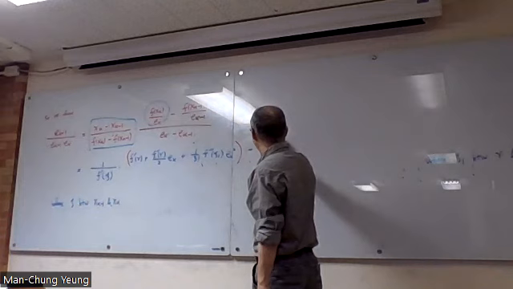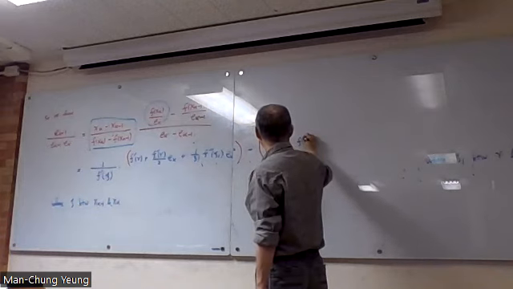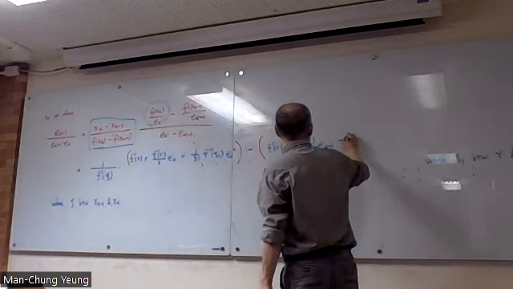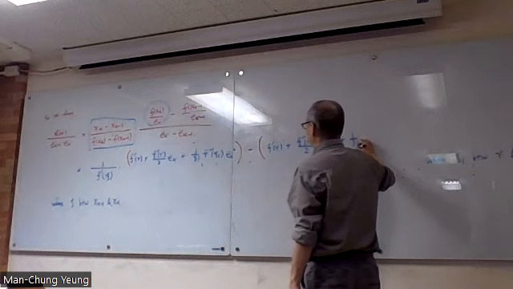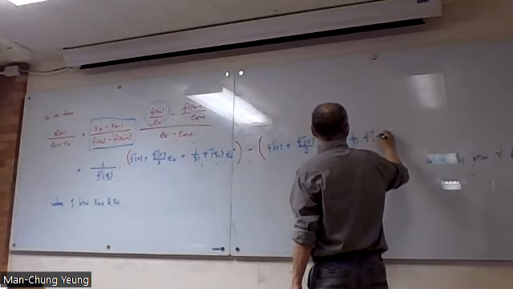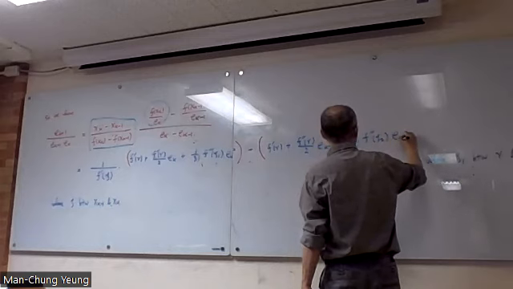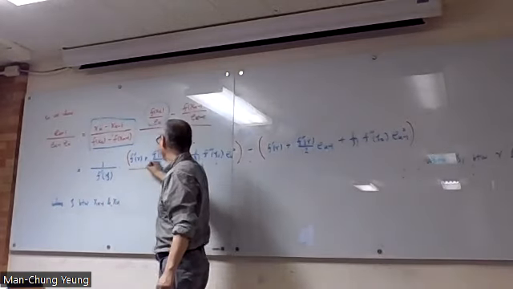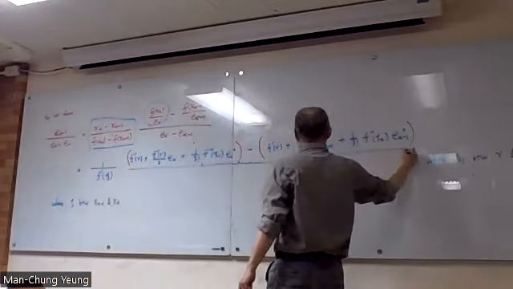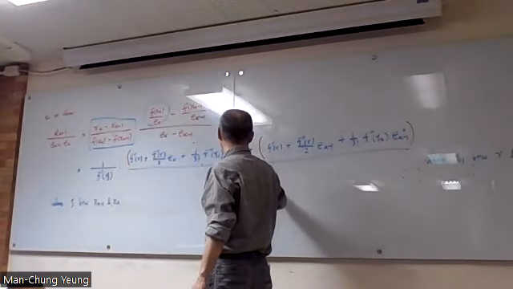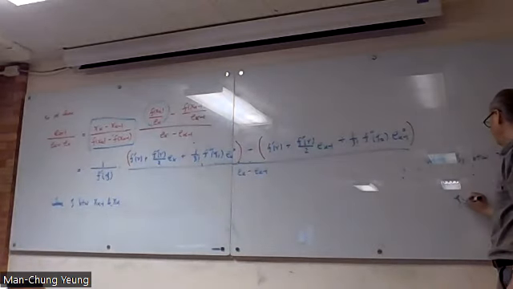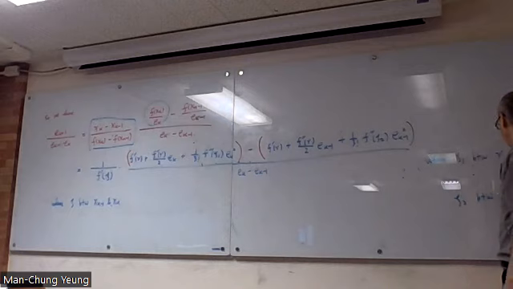So again, f(r) plus f second derivative over 2 e_{k-1} plus 1 third factorial f, xi_2, e_{k-1} squared. Get all divided by e_k minus e_{k-1}. What is xi_2? Xi_2 is between r and x_{k-1}.